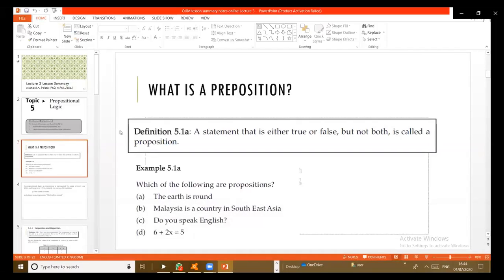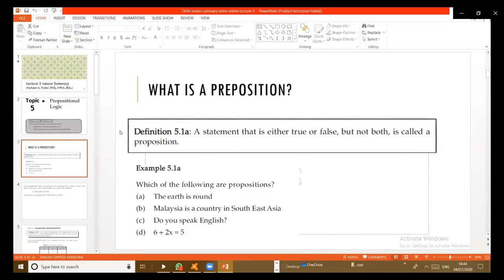Another statement is the earth is round, which could also be true or false. Accra is the capital of Ghana can be true or false.